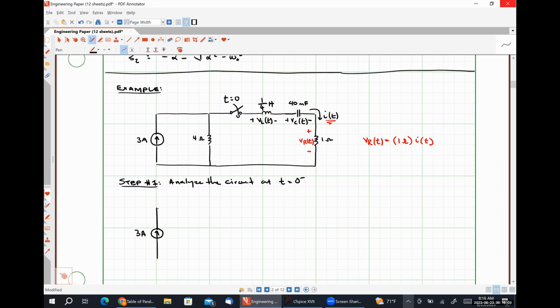So we have here our 3 amp source, 4 ohm resistor, our open circuit here representing our switch, a short circuit representing our inductor, an open circuit here representing our capacitor, and then our 1 ohm resistor.